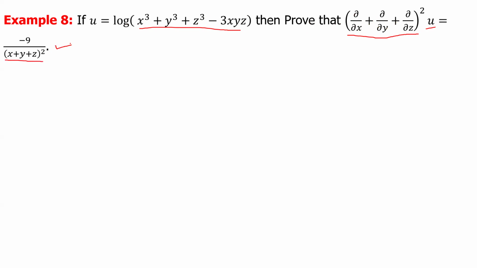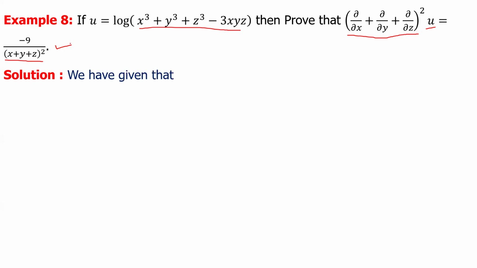This is one more example of partial derivative of u with respect to x, y, and z. Now here, instead of two independent variables, we have three independent variables x, y, and z, and u is the only dependent variable.